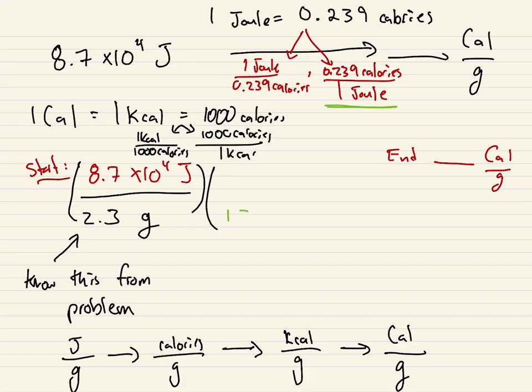Yep, because the joules cancel out. 1 joule per 0.239 lowercase calorie. Units of joules cancel out. And then we go to kcal. Are we going to use the left or the right? Left, right? Because we want the units of lowercase calorie to cancel out.